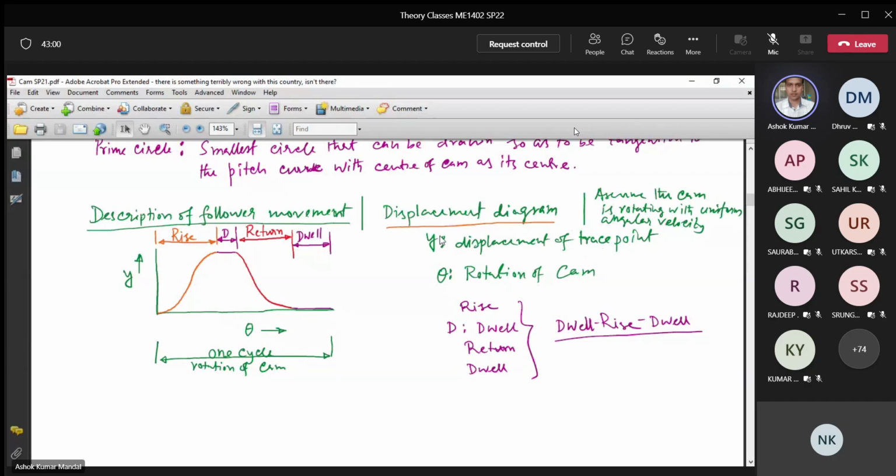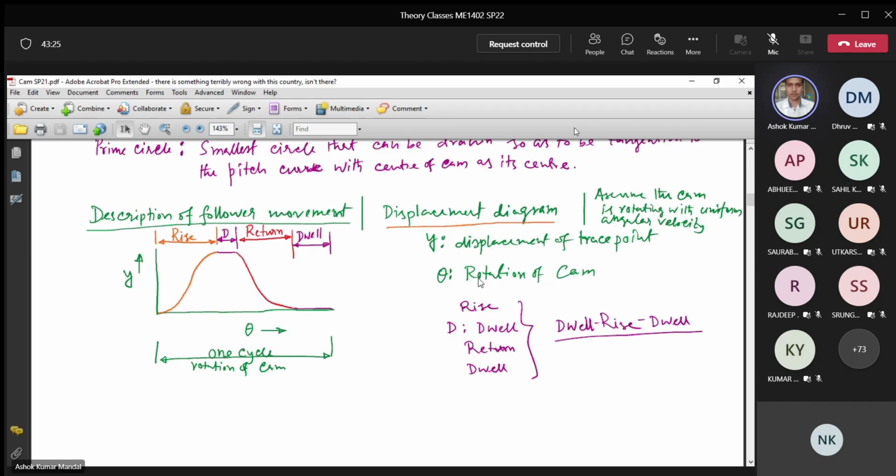Here y is a coordinate which is attached to the displacement of the trace point, and theta is the rotation of the cam, which we generally take as uniform throughout the cycle. So the angular velocity of the cam is constant.